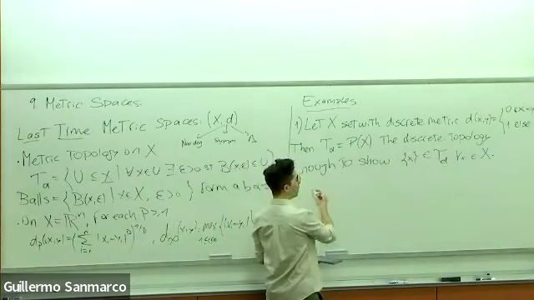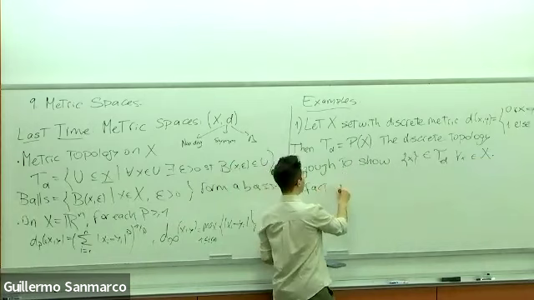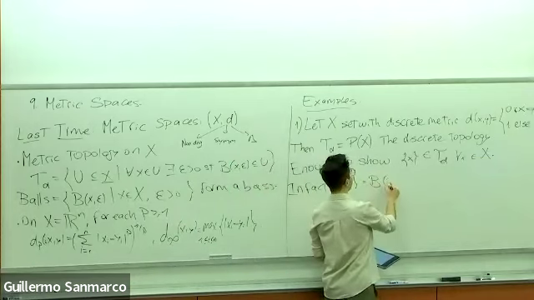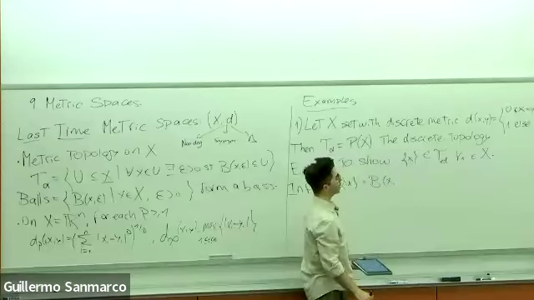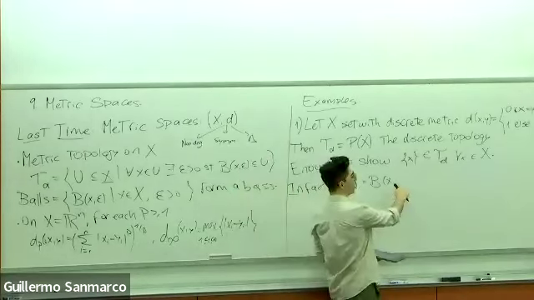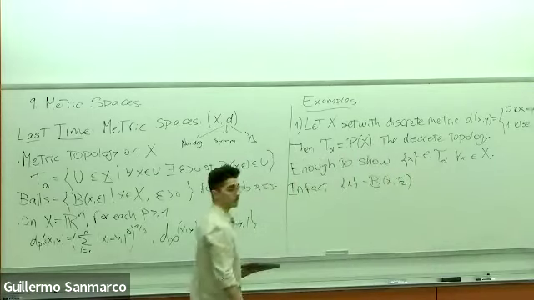So how do we show that? That's true because the singleton is actually an open ball. It's the ball centered at x of radius anything smaller than or equal to 1. You can even put 1 here, but I will not because that could be confusing. I will use 1/2. And that's open.